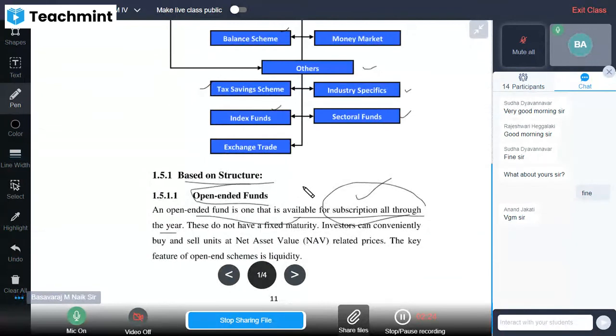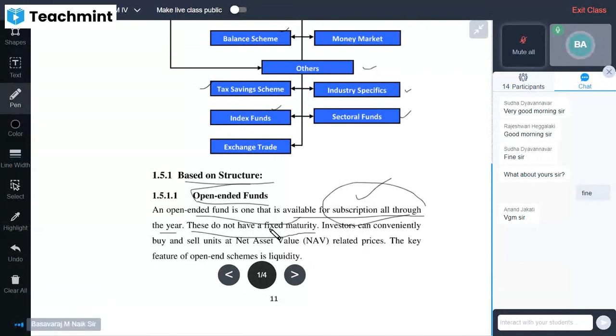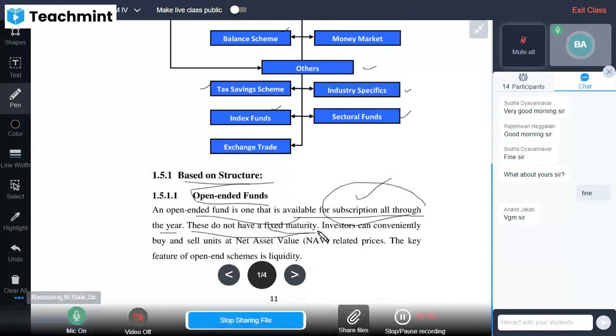They can do transactions, and they do not have a fixed maturity. As I said, there is free entry and free exit. There is no fixed or specified time period in these kinds of funds.